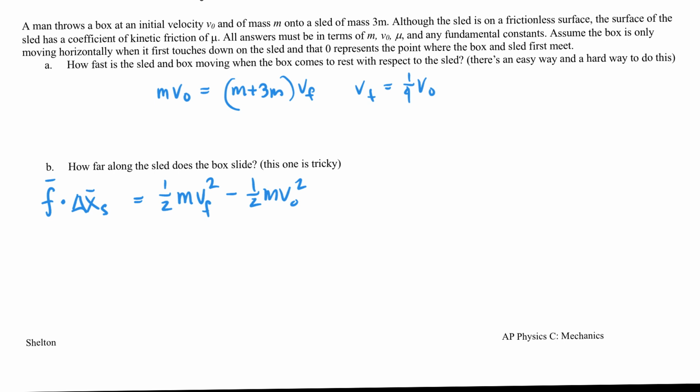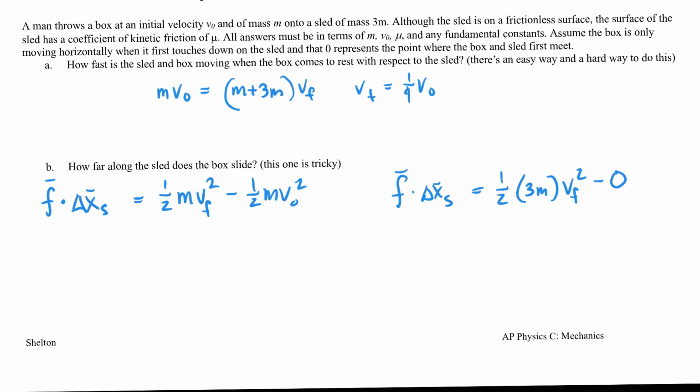At the same time, friction acted on the sled across a distance that the sled moved, right? Because the sled's going to move during this time. That has to equal the change in kinetic energy of the sled. Now this is an equal and opposite force. So the force is the same on both.